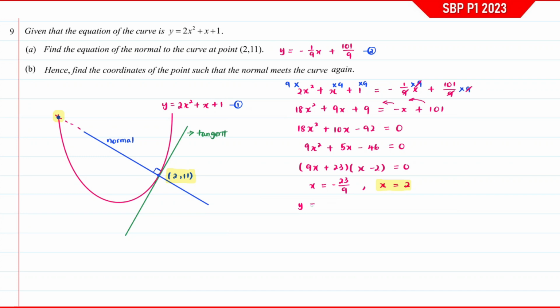Then y is equal to -1/9 times -23/9 plus 101/9, which is equal to 932/81. Therefore, the coordinates of the point will be (-23/9, 932/81).